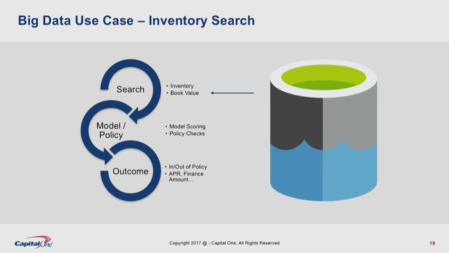So we have this use case where we want to search out and do book values across the nation. We actually run other analytical models against the vehicle collateral, against your credit versus the collateral, and choose in or out of policy and give you some sort of APR.